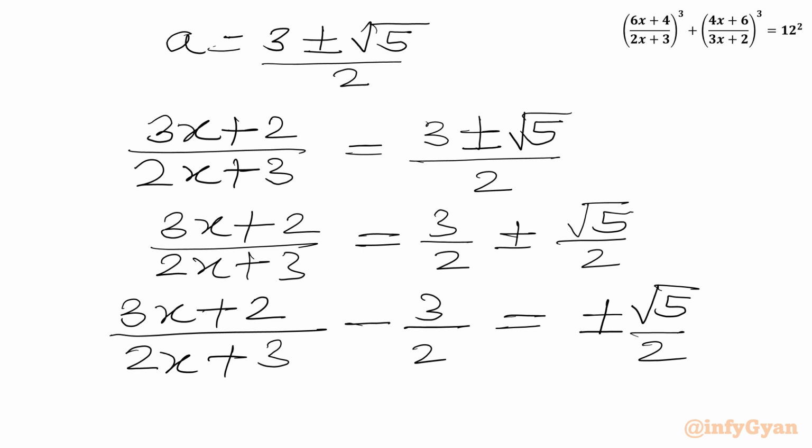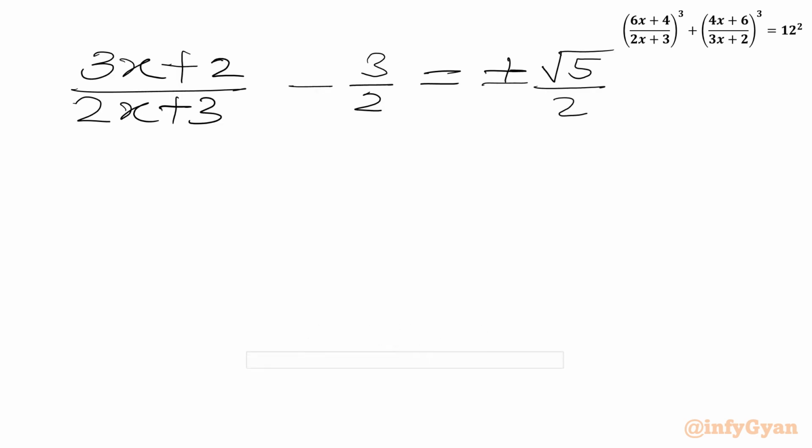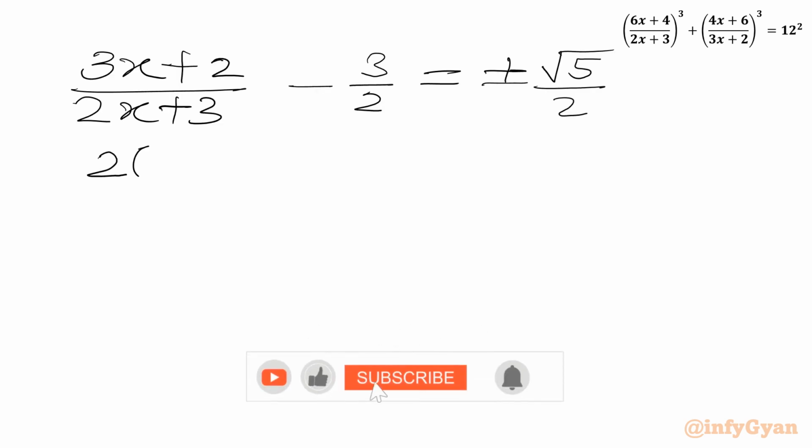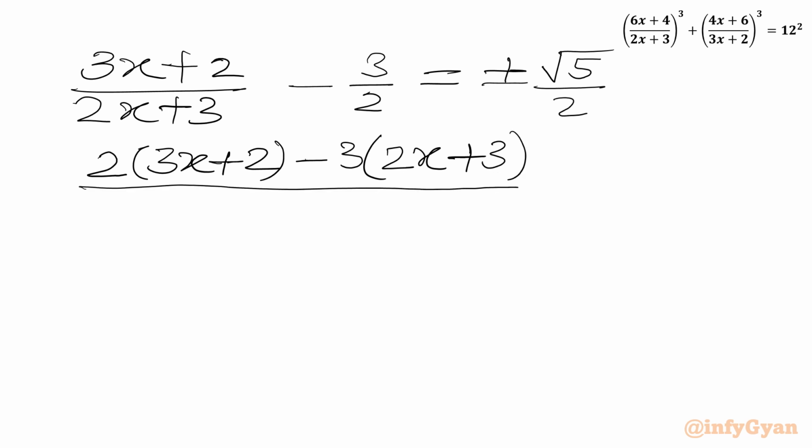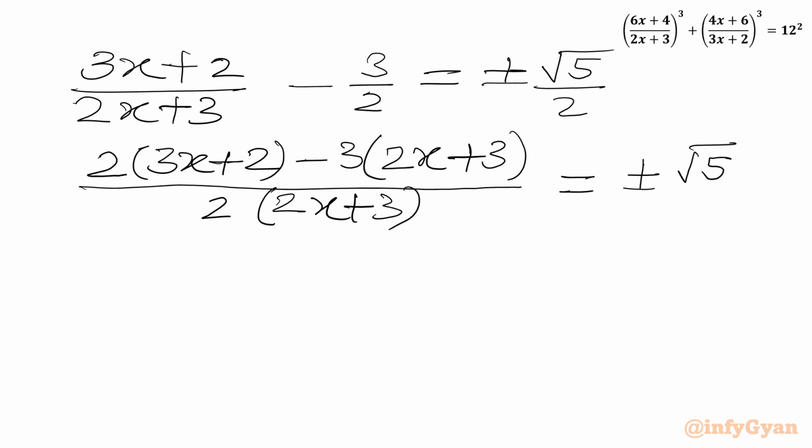Now I will take LCM. So let me write the equation once. Here I will write 2 times (3x plus 2) minus 3 times (2x plus 3) over 2 times (2x plus 3). RHS is plus minus square root 5 over 2.